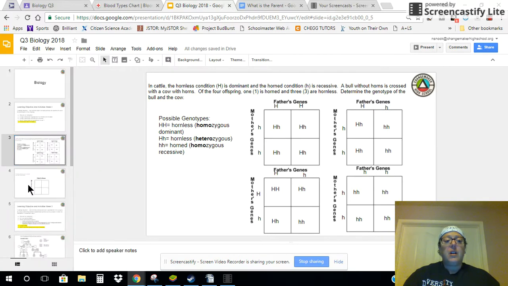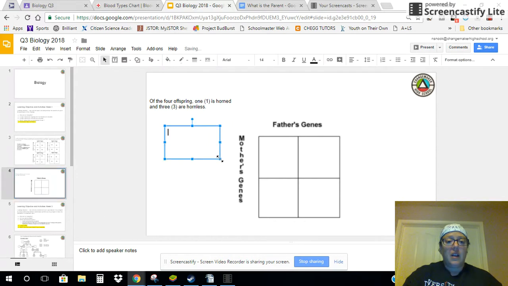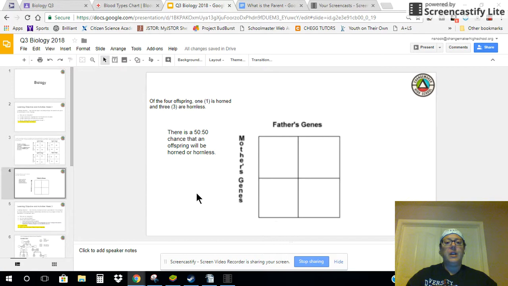So I'm just going to reiterate that here by saying there is a 50-50 chance that an offspring will be horned or hornless. That's all you have to do. I don't know why I copied this Punnett square.